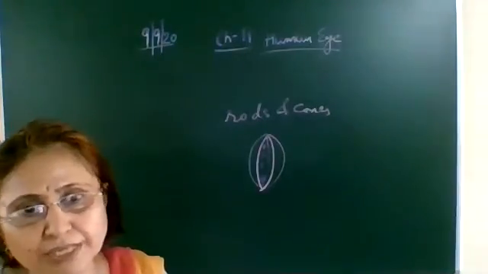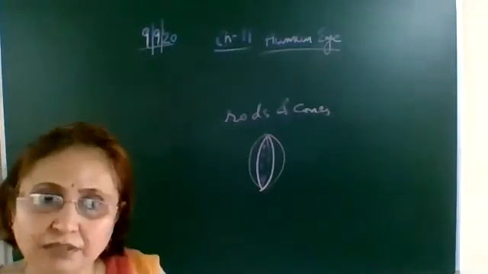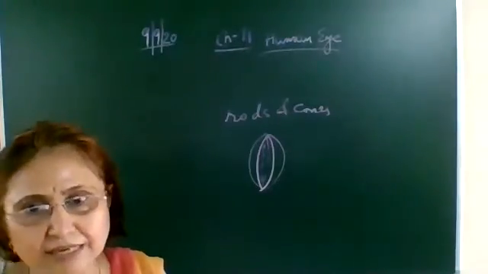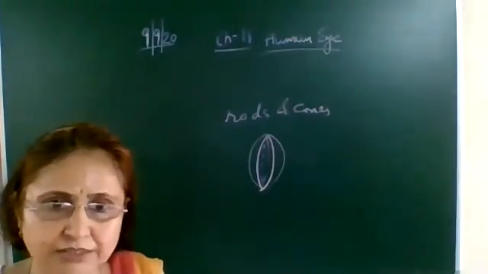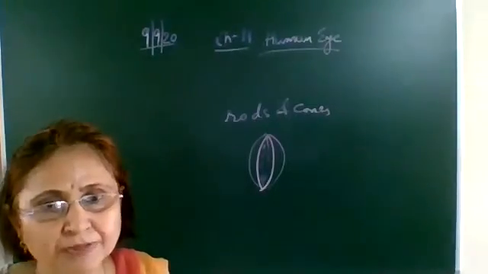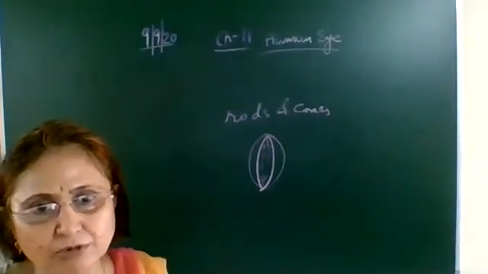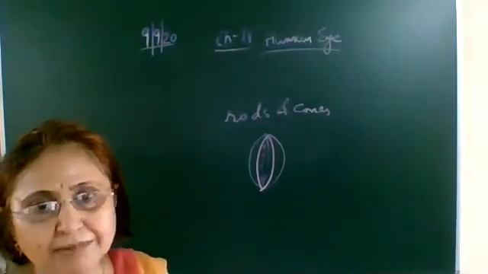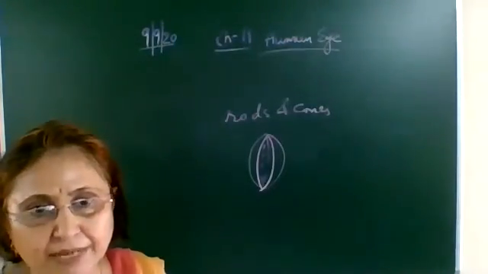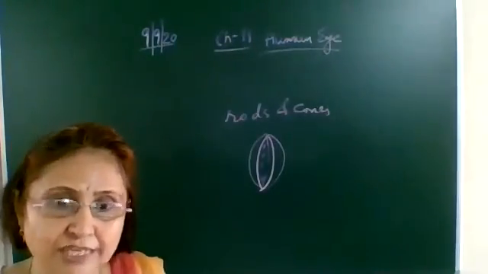So whenever you are looking at the far away objects, the ciliary muscles relax, and as they relax, the lens becomes thin. For a thin lens, the focal length is more. So the focal length increases. Whereas when you are looking at a nearby object, the ciliary muscles contract and they make the eye lens thicker.